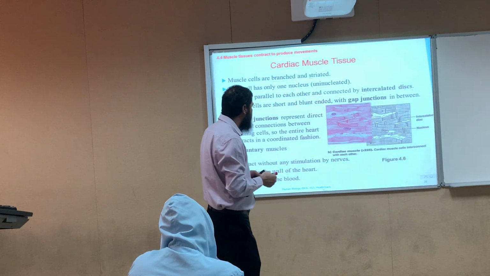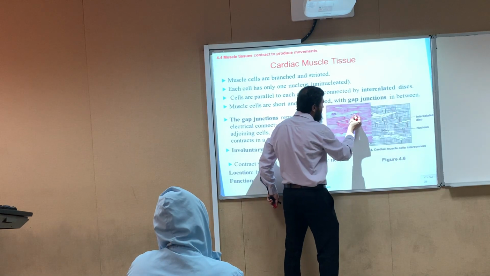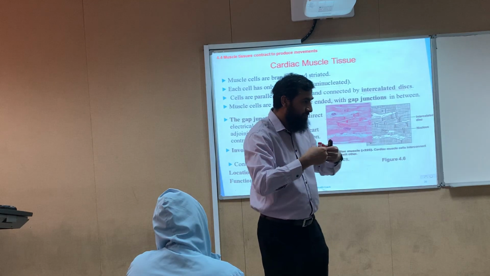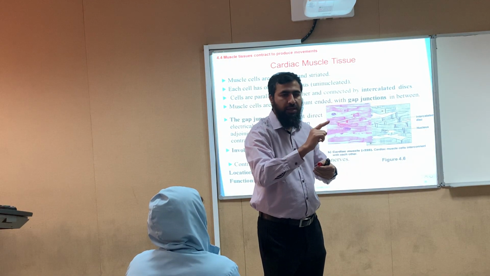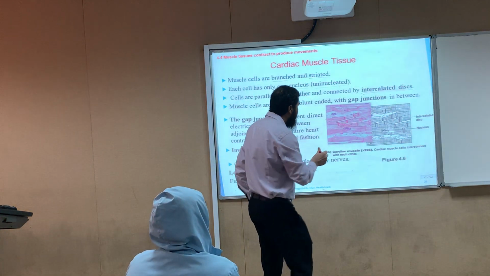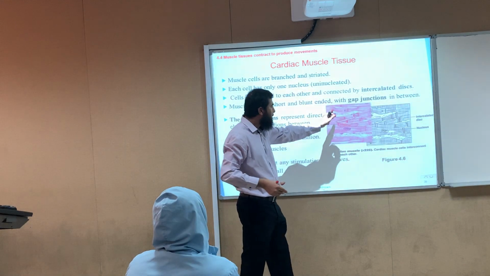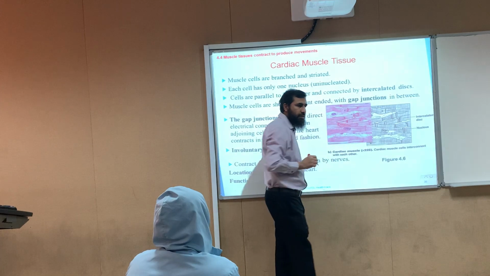But what is important is that these intercalated discs are where the membranes of two adjacent cells meet, and they have these gap junctions between them. When you stain this tissue with different stains, they stain these dark colors, okay? So we call these intercalated discs.